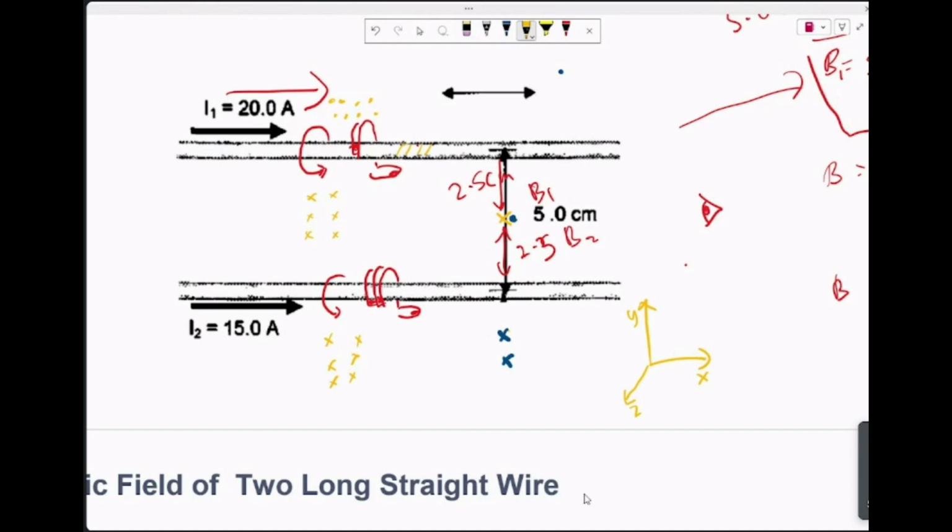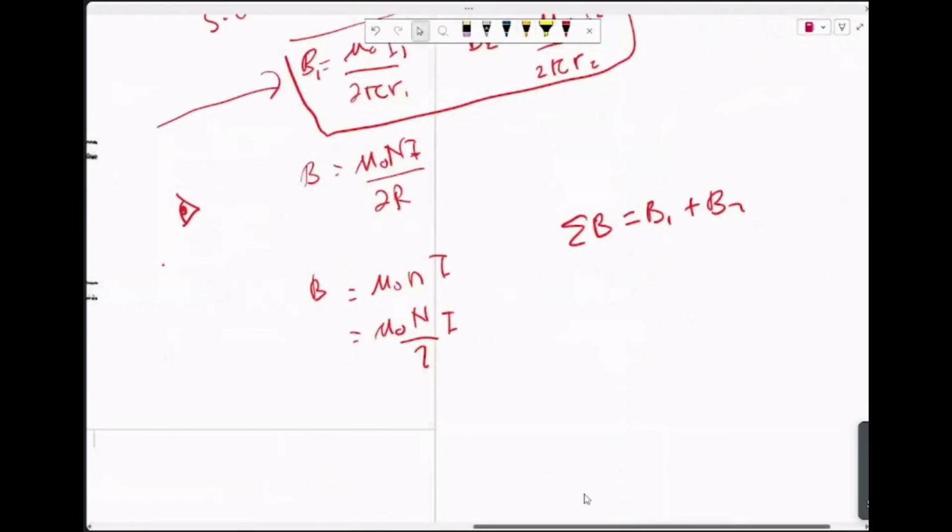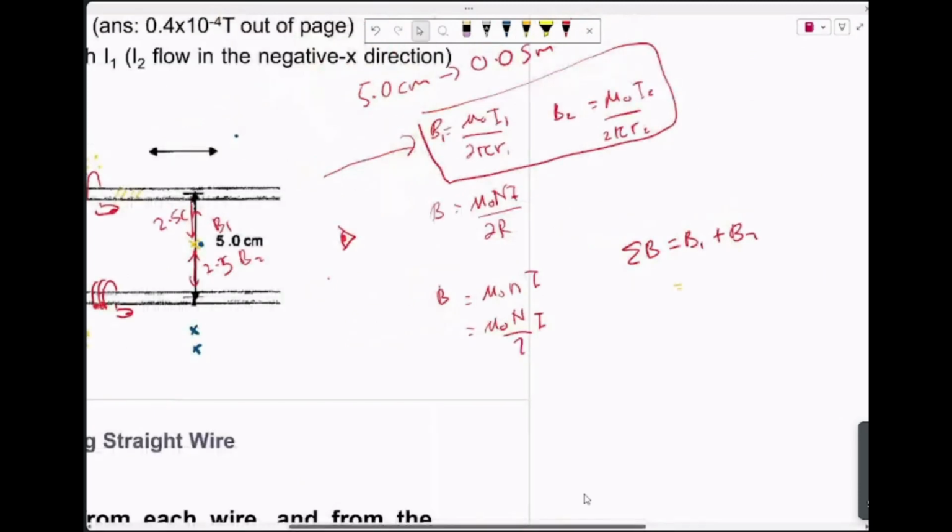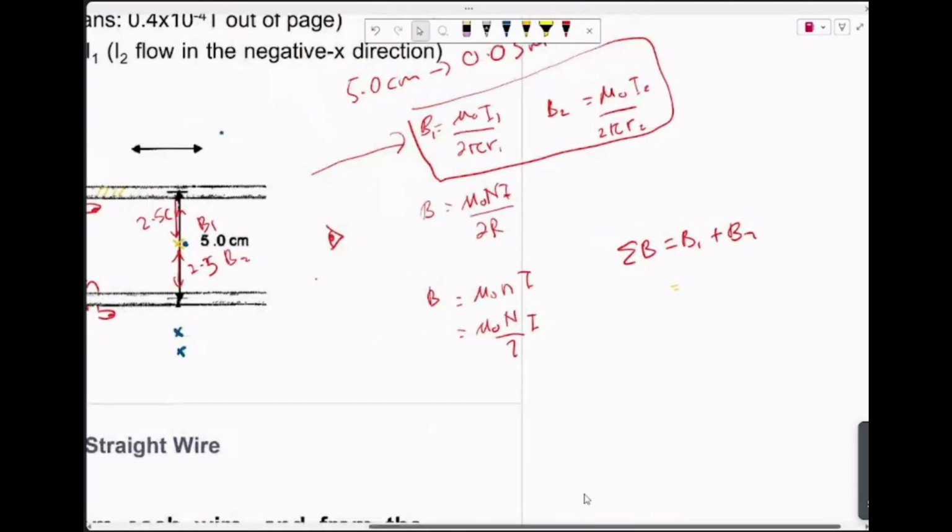So that Z here, what you're seeing, is actually out of the page. So out of the page is going to be positive values. Here B2 going to be positive, the dot going to be positive, the X going to be negative values. So when you do the summation and the resultant summation, whatever value for B1, you input the value, but B1 is negative, so you add a negative value.